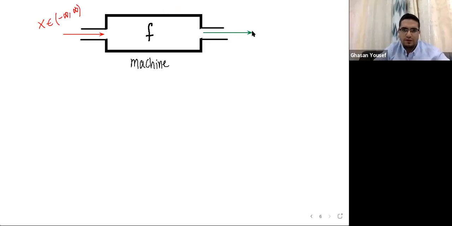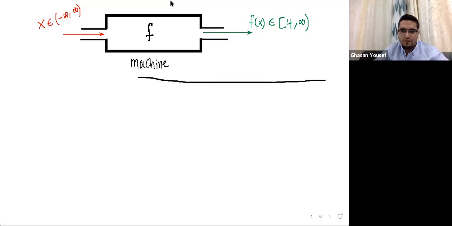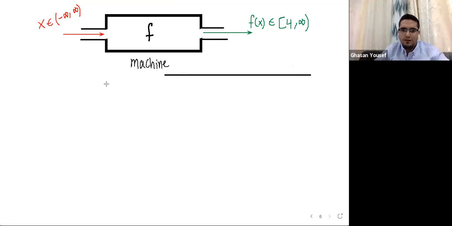And the output is y, or f of x, such that f of x belongs to the values from 4 to infinity. Any question for this example?